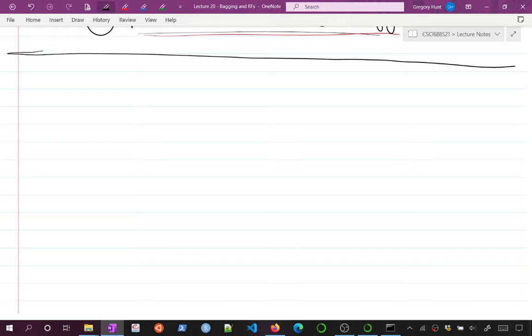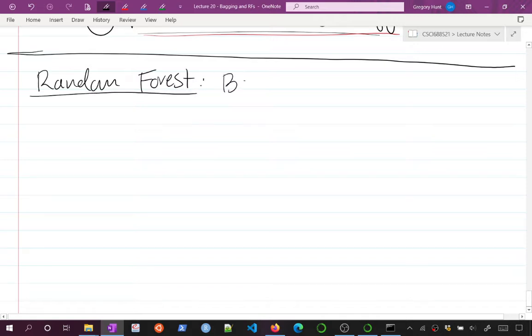Enter the random forest, which is basically a bagged CART. So random forests are basically averages, or in the case of classification, majority vote of collections of trees.